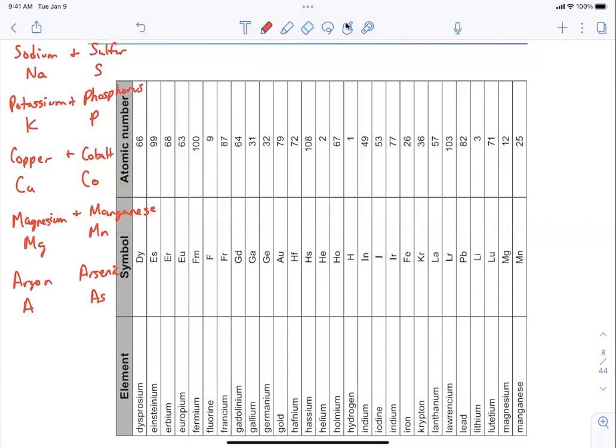Not super common, but I'm just trying to think of ones that look similar to each other. Silver versus silicon, because silver's Ag, silicon is Si.